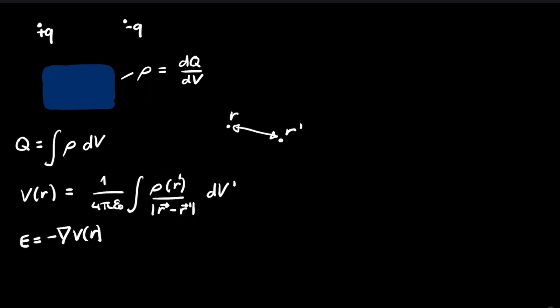Well, if I make a change of variable, and I simply let R vector minus R dash, or the modulus of that, equal this, I'm going to go back and use this script font right here to represent that.